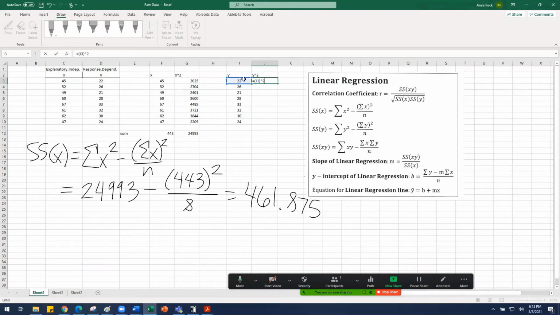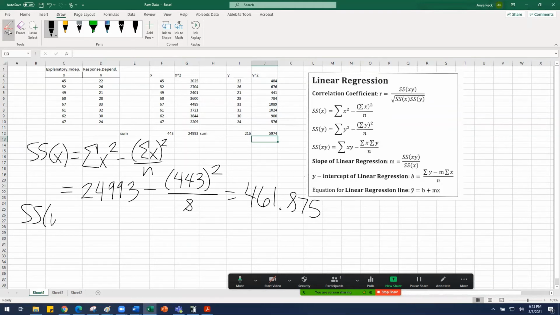We'll square each of those, and we'll take the sum of each of those columns. Plug them into the formula.